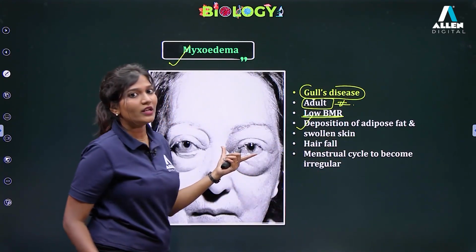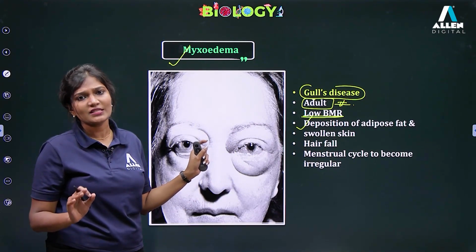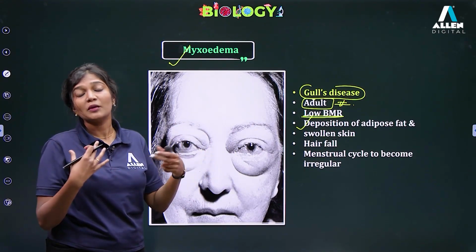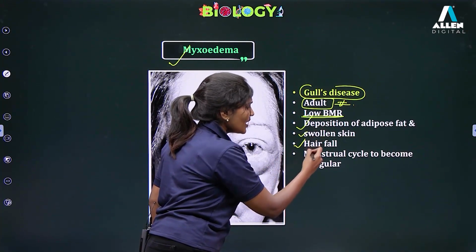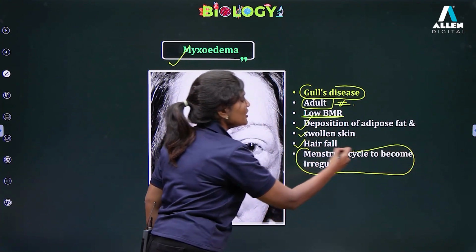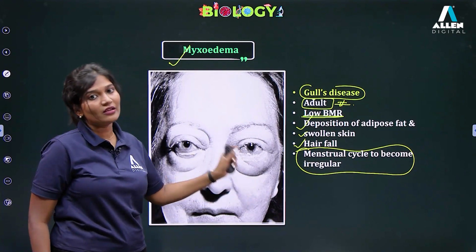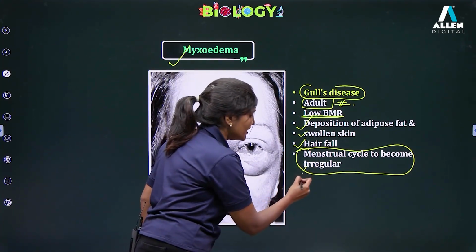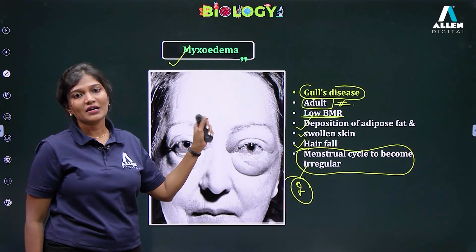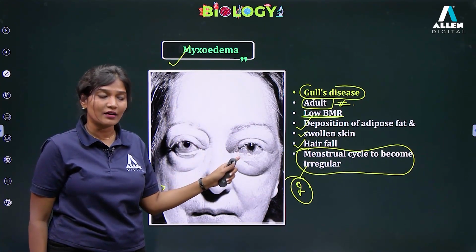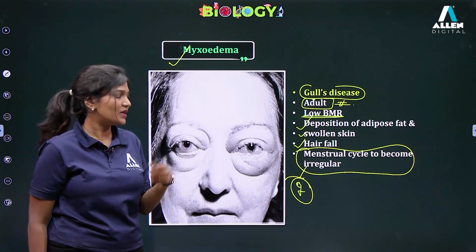So you can see swollen skin. The main thing you can easily understand is that during hypothyroidism, people will gain weight. That's the main important condition. Hair fall, and the most important point for this is that the menstrual cycle becomes irregular in such patients, very specifically in female human beings. Okay, so this is about myxedema. Understand the point: it occurs in the adult and is common in men as well as women.